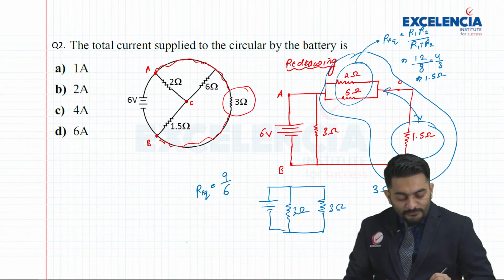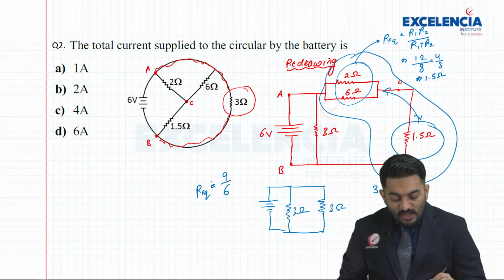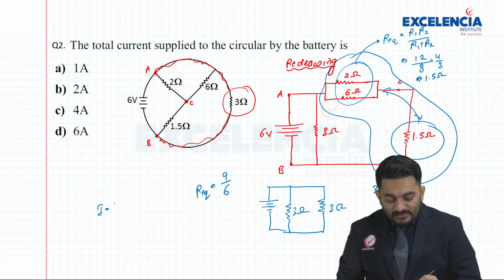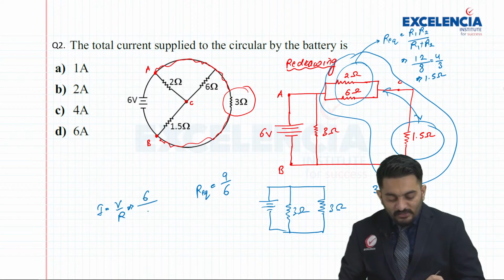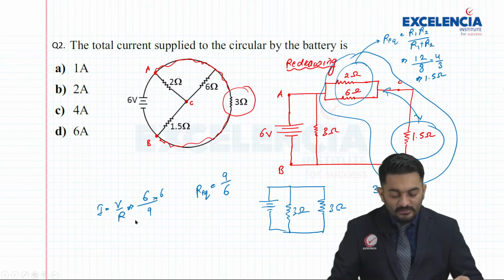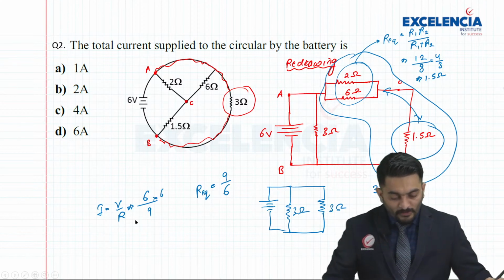Now, R equivalent value you got, you need to give the value of current. I is equal to V over R. So V is 6 volt, R equivalent is 9 over 6. Correct? Okay.